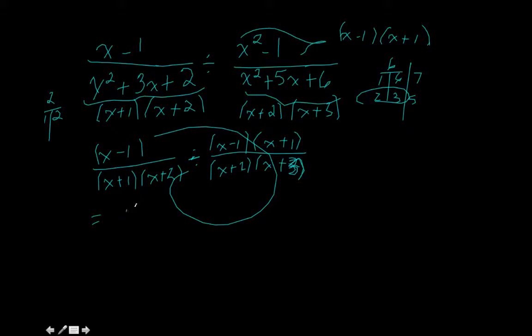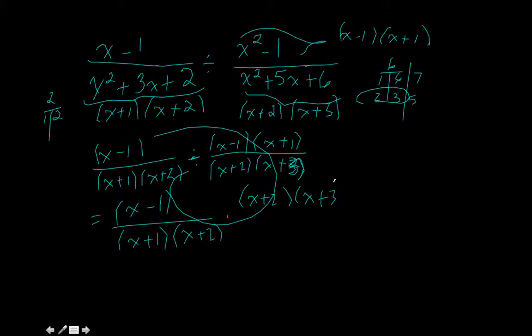So first step, invert: x minus 1 over x plus 1, x plus 2 times x plus 2, x plus 3, x minus 1, x plus 1.